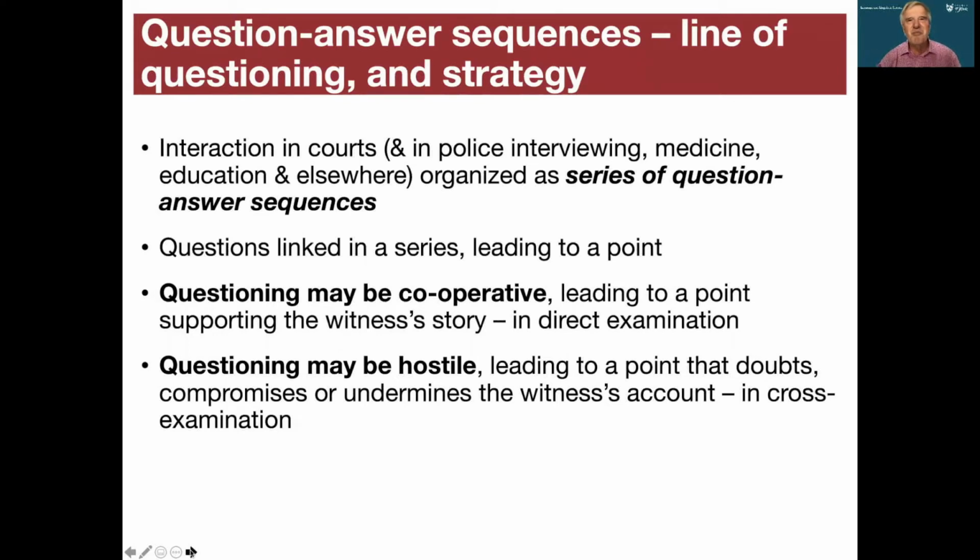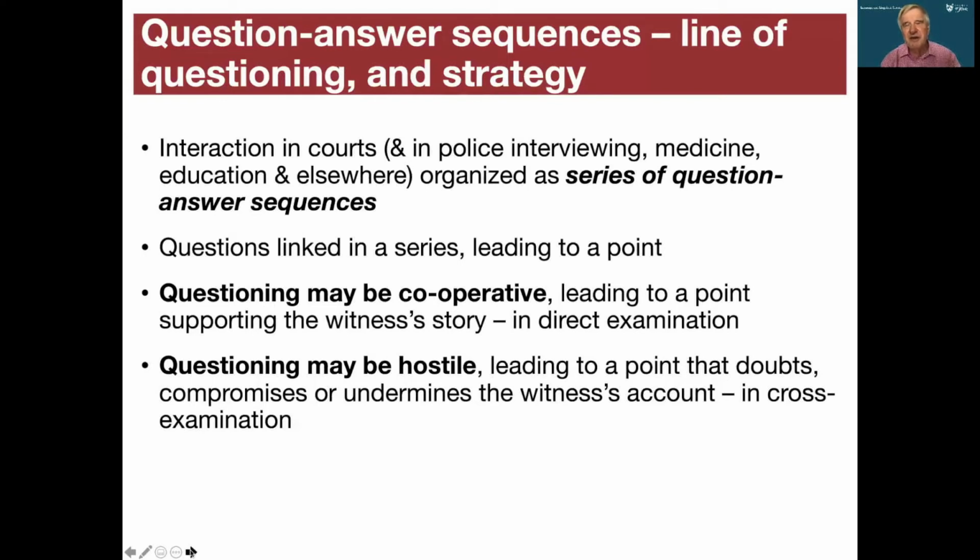Again, in terms of mode, we've got examination, courtroom examination, but actually there are two different types. Direct examination is where a witness or defendant is being questioned by, as it were, their own lawyer, their own attorney. Whereas if they're being cross-examined, they're being examined by the attorney for the opposite side.